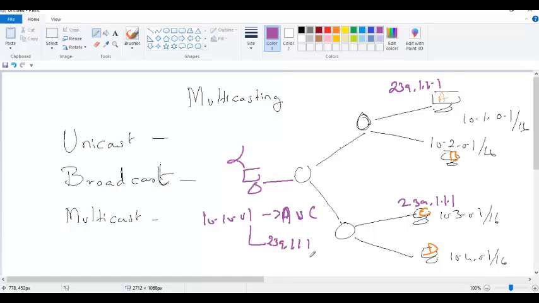What is the advantage? The advantage is I'm sending a single packet which is going to both. If I don't have multicasting, then I have to send a copy to 10.1.0.1, another duplicate copy of the packet to 10.3.0.1. Twice the bandwidth is used, and more CPU is needed on the routers in the middle.